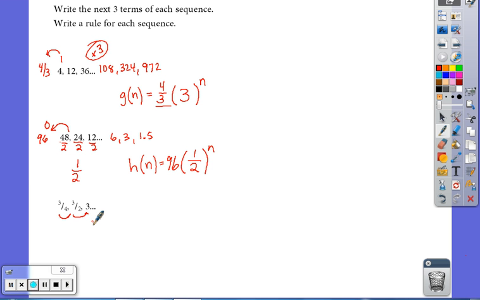Well, if you think about these as decimals, since it is possible here, this is actually 0.75, and this is 1.5, and this is 3. And that might actually make it easier for some of you to realize that my multiplier here is times 2. So if I write my next 3 terms, I'll have 6, 12, and 24.